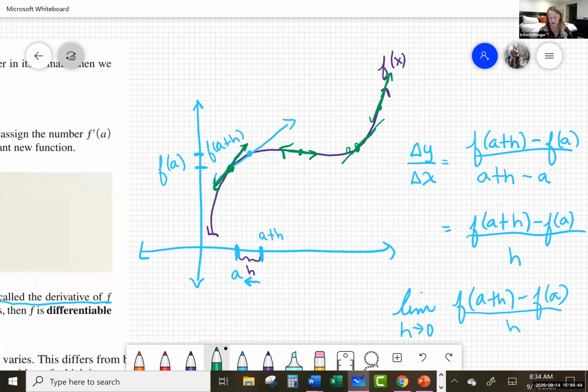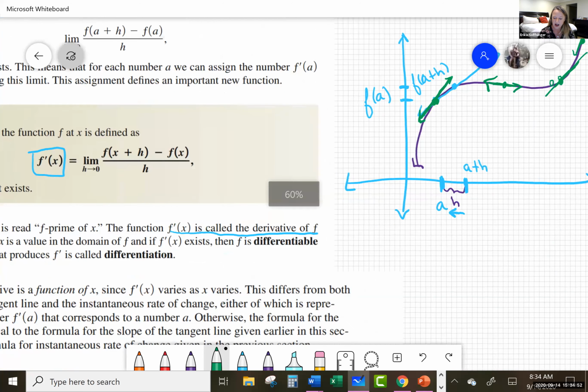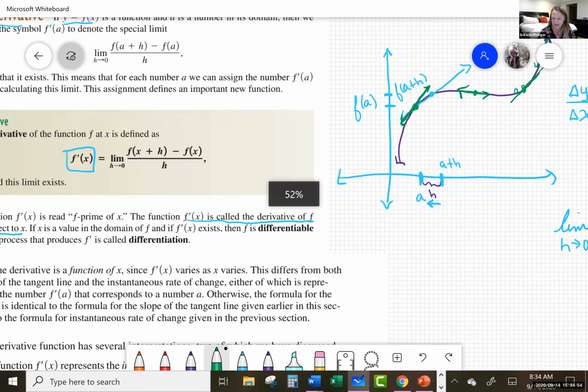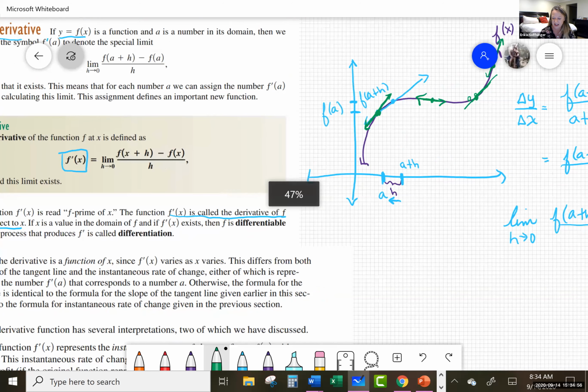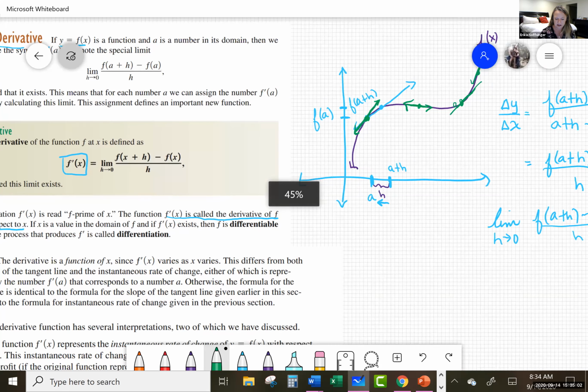And that's the name, which is the tangent line. Okay. So I had done just a particular a value, but this definition we can use for any value at x.